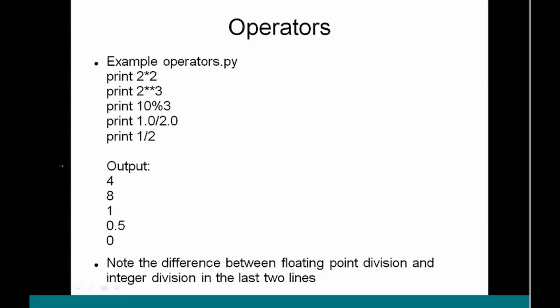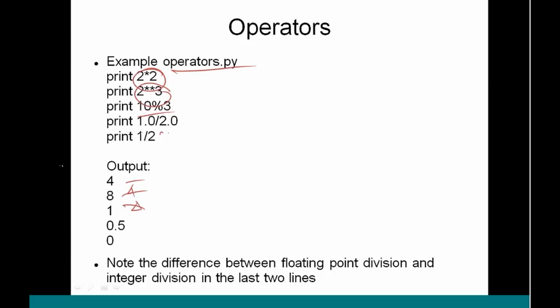So here is another example. This is known as the operators in Python. You know what 2 times 2 is, so it's 4. Now if you do 2 star star 3, which is exponentiation, the result is 8. And if you do 10 modulo 3, the answer is 1.